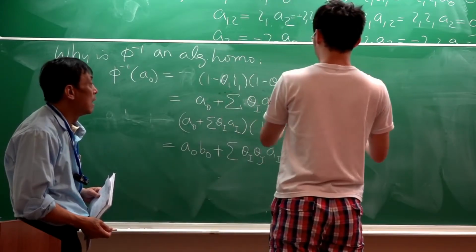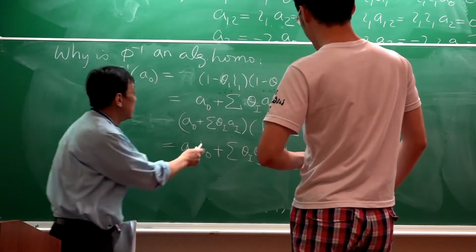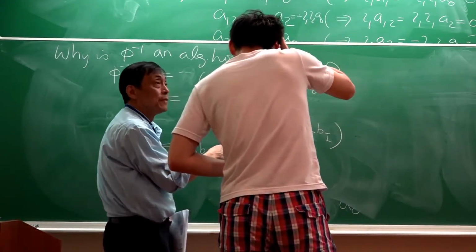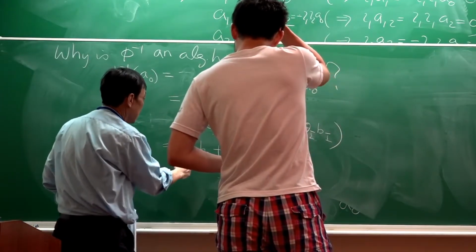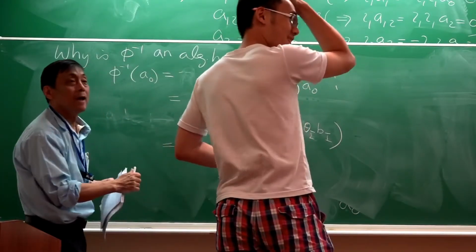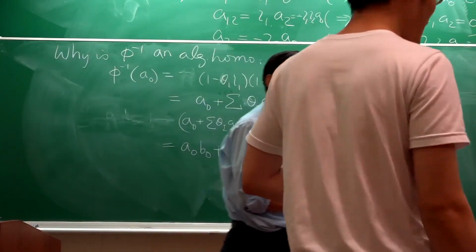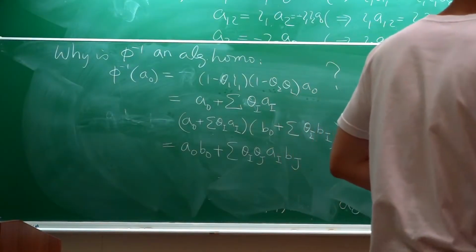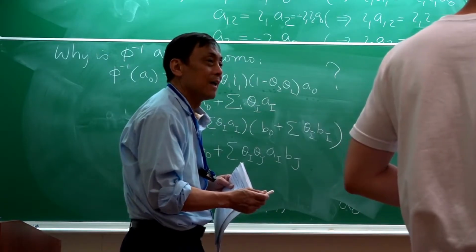Or do you have some viewpoint to quickly see this is an algebra homomorphism? Well, this is how I see it very quickly. You can prove that a horizontal form times a horizontal form is also horizontal. And it's a bijection, so you only need to check the constant term.